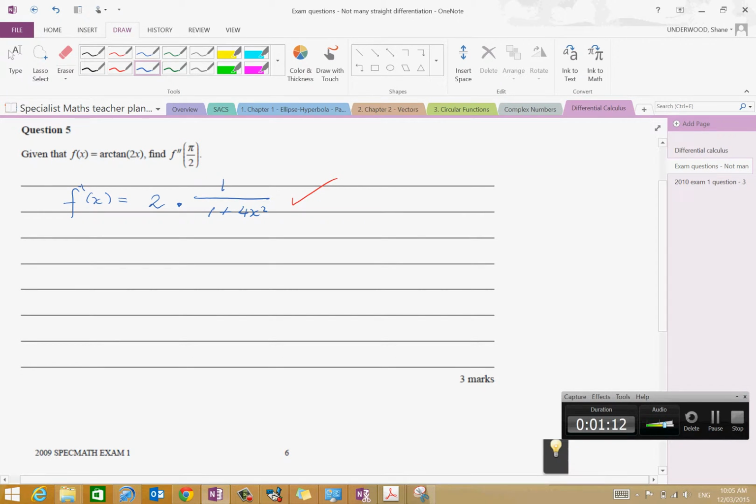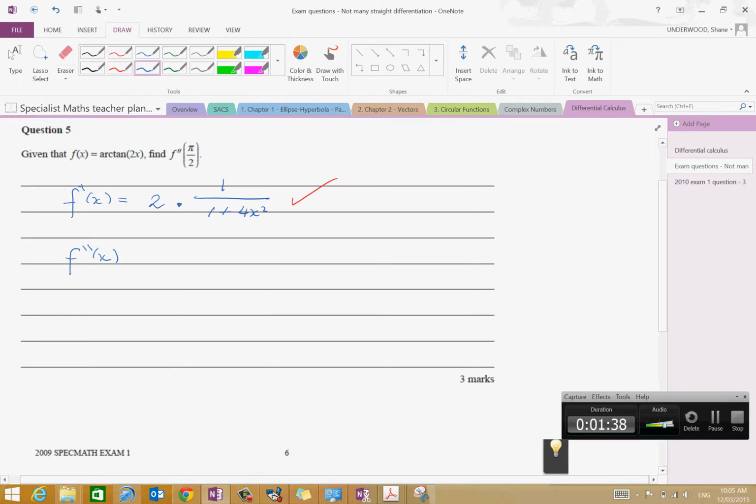Okay, so therefore for f double dash of x, we need to apply what rule? 2 over 1 plus 4x squared. Yeah, the quotient rule, isn't it? You could use the product rule. Can you use chain rule and just say that 1 plus 4x squared all together? You can. Yep, well, that's actually the product rule.